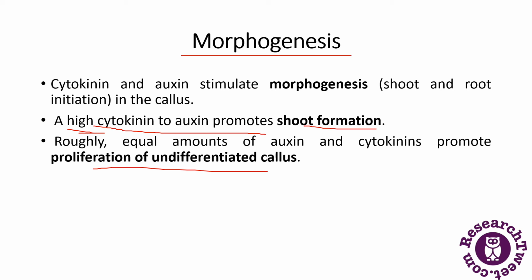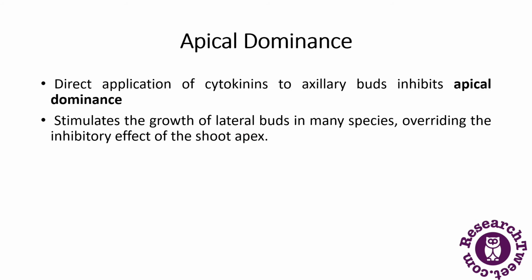Next we will be talking about apical dominance. The direct application of cytokinins to an axillary bud inhibits apical dominance, and it stimulates the growth of the lateral bud in many species, which overrides the inhibitory effect of the shoot apex. What does the cytokinin do?